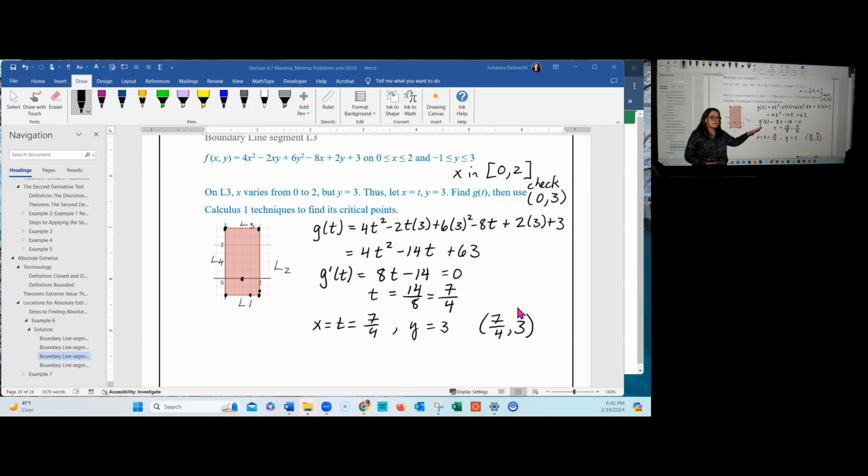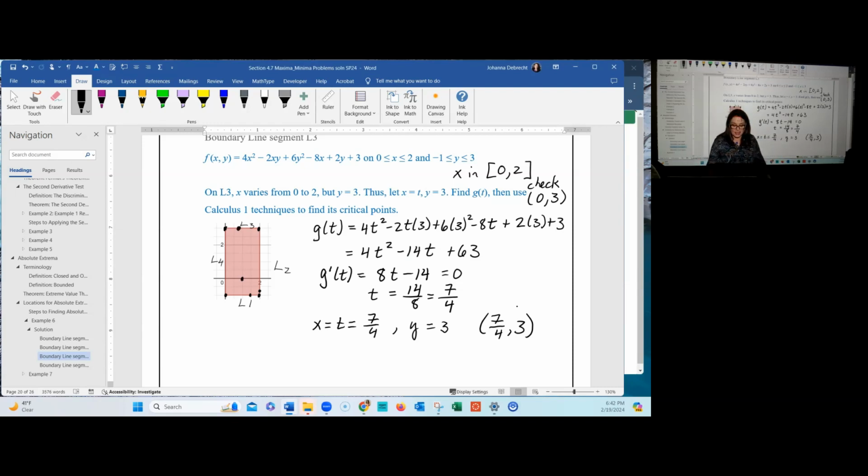Since in this case t is representing x, our x coordinate is 7/4 and y is the constant 3. This gives us yet another critical point at (7/4, 3). And that would be at, I think, about here, all right? Which now gives us 1, 2, 3, 4, 5, 6, 7, 8 places we need to check.